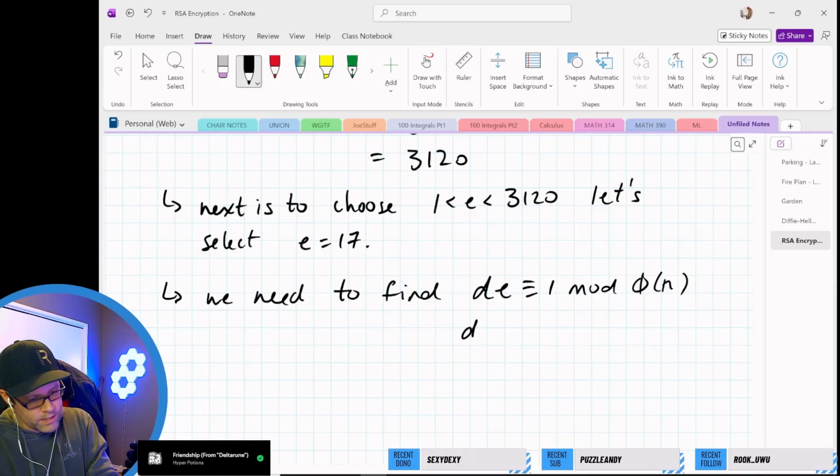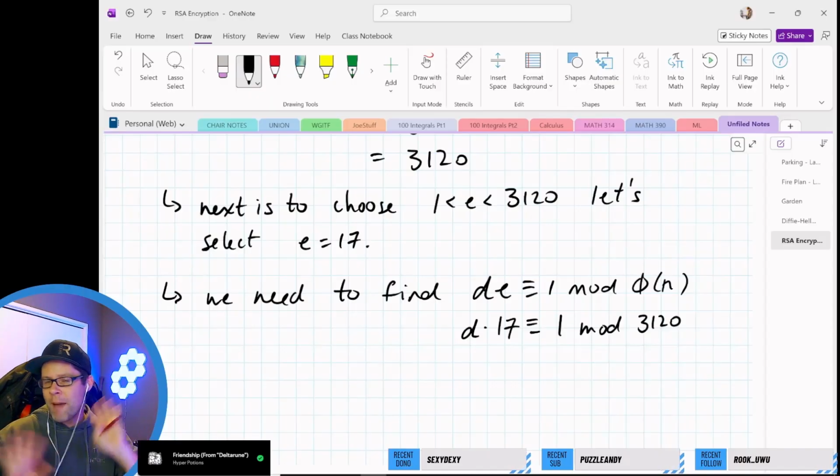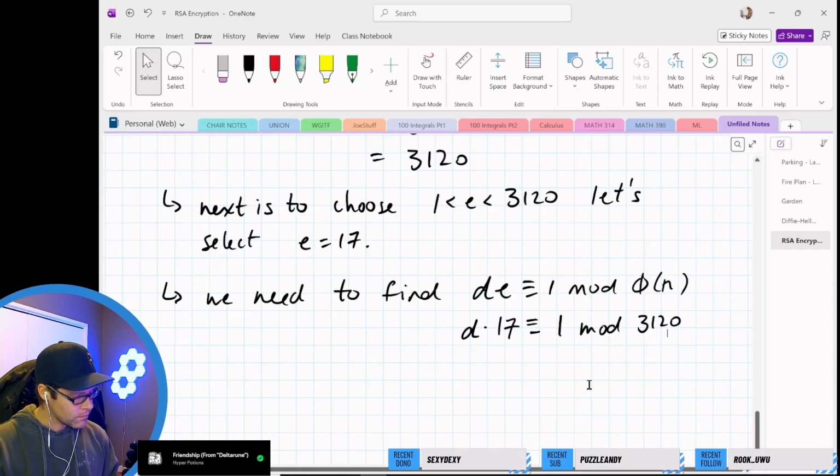So we need to find d such that d times 17 is congruent to 1 mod 3,120. So we're on the hunt for this magical number d that's going to help us create the private key, right? D is the decrypting piece of this puzzle.